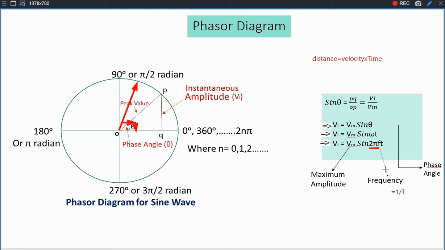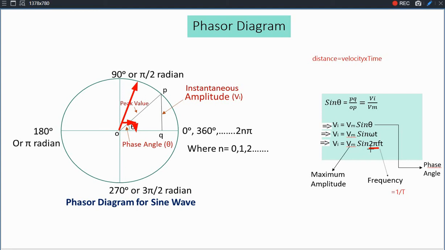Here you are able to watch, since for every next cycle the same values will repeat itself, that's why we can write that omega is equal to 2 pi f. You know that velocity is equal to distance by time, meaning distance covered in unit time.